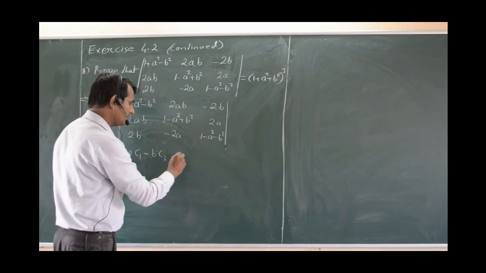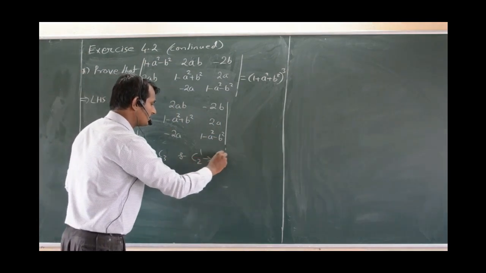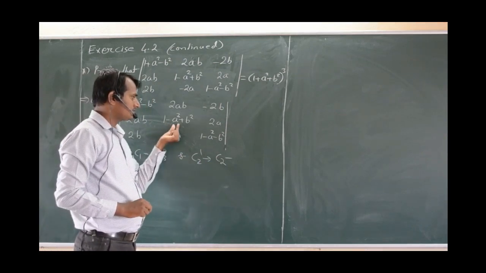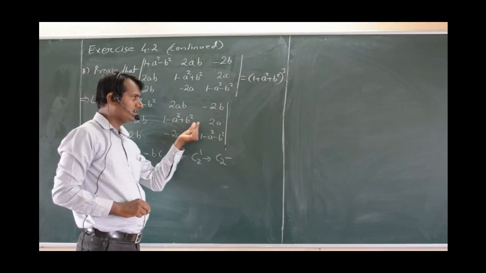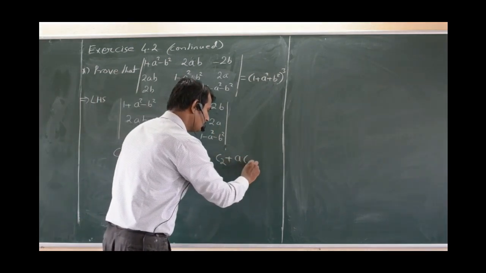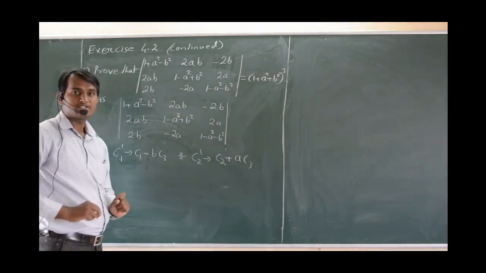And C2 dash equals C2 plus a into C3, since we have 1 minus a square plus b square. These are the operations I can perform here.